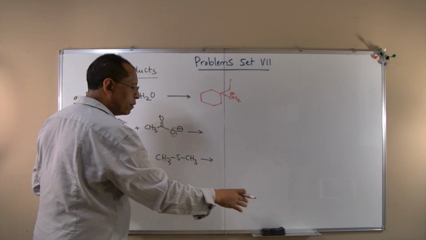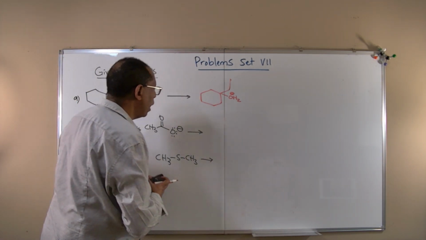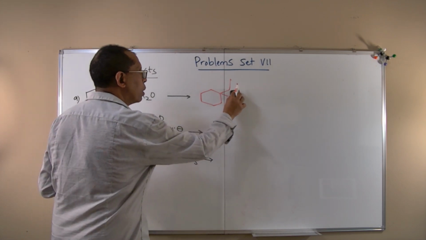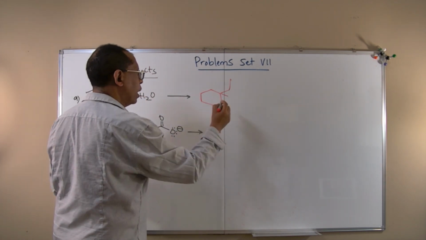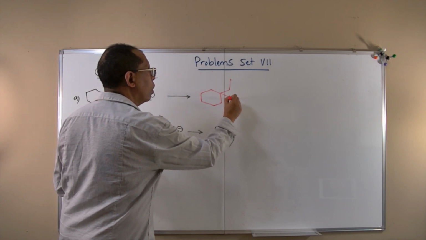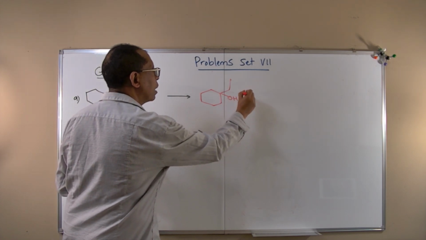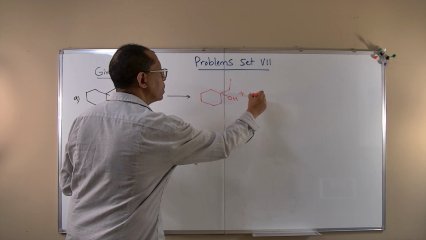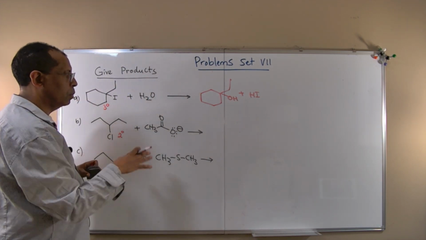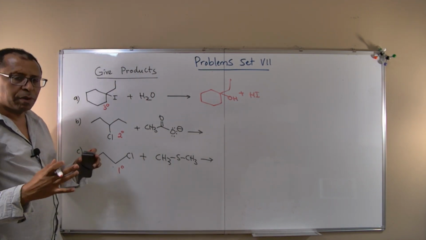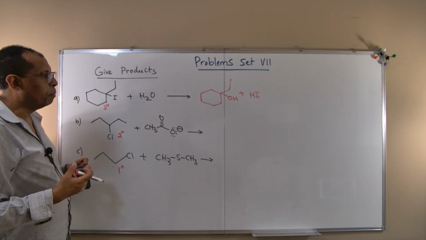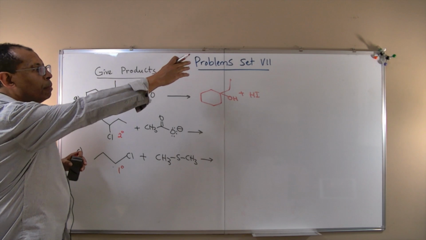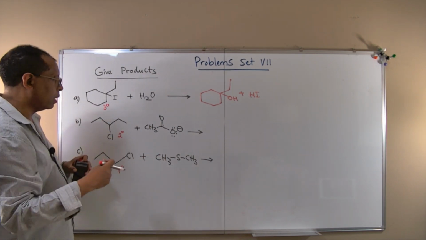But at the end of the day, when you use water as a nucleophile, the product that's formed is an alcohol, because the H would be taken away by the I minus. So OH plus HI. So water as a nucleophile gives you an alcohol, meaning an OH group. Implicitly, that's what happens, because one of the H would be abstracted again.